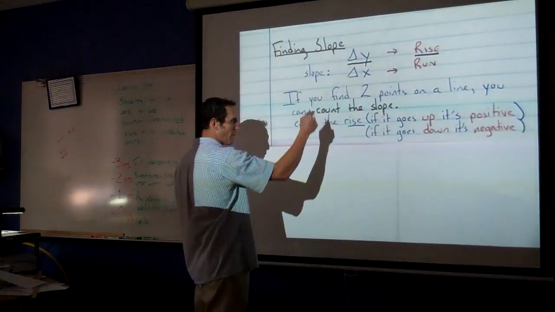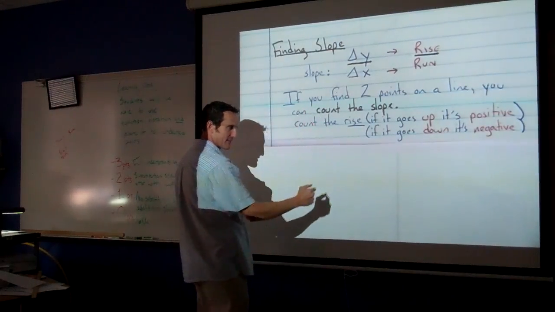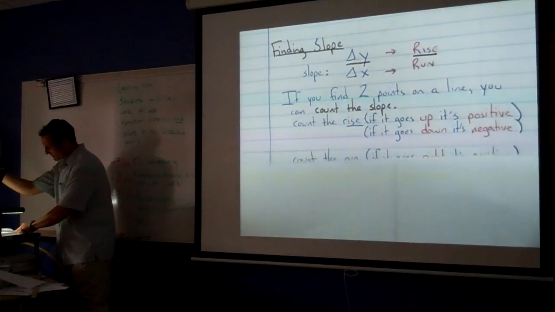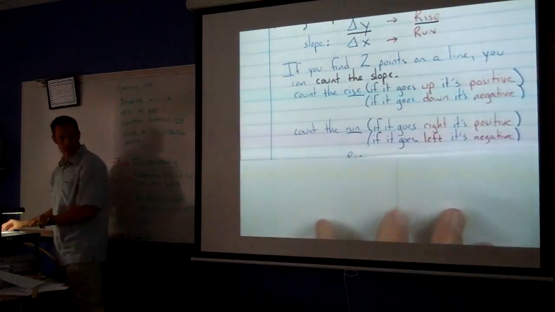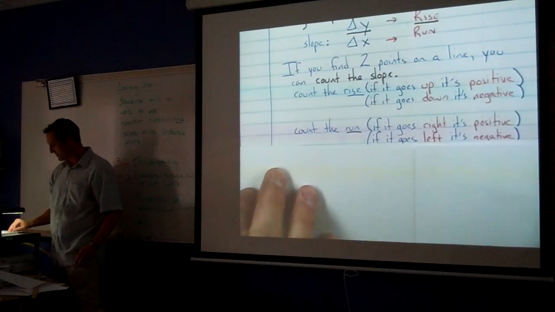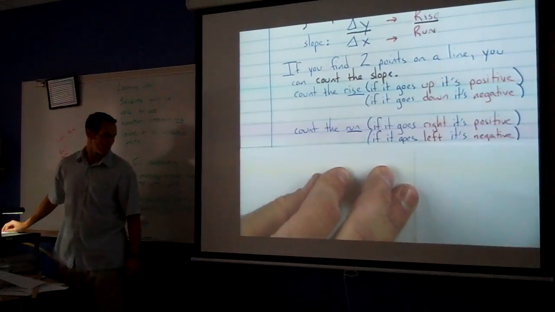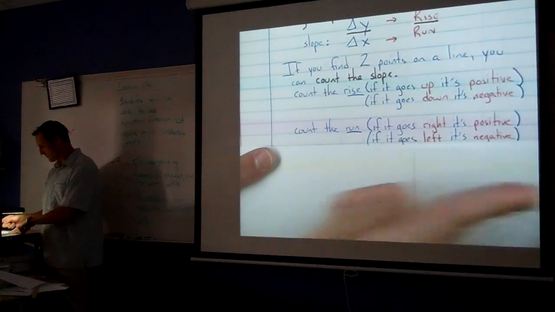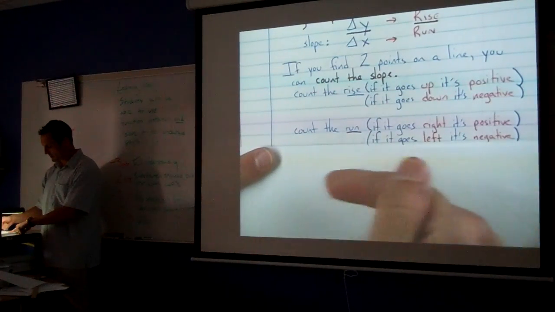If you're counting down, that's a negative rise. Very similarly with counting run, if you're going to the right, that is a positive run. And if you go to the left, that is a negative run. So going to the right, positive, to the left, negative.